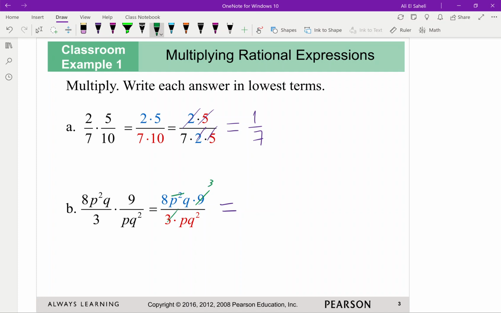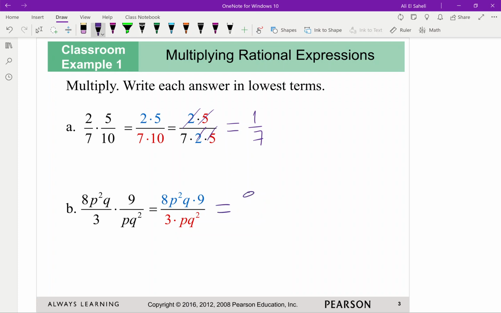P squared goes with P, we end up with only 1 P in the numerator, and 1 Q goes with 1 Q. So what we are left with is 8P over Q.